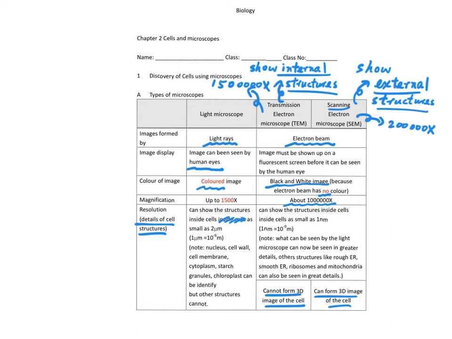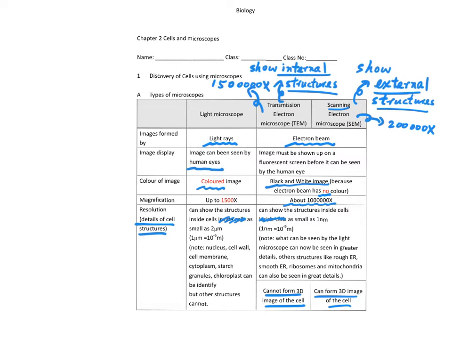For the electron microscope, the resolution can show structures inside the cells as small as 1 nanometer. 1 nanometer is equivalent to 10 to the power minus 9 meter.